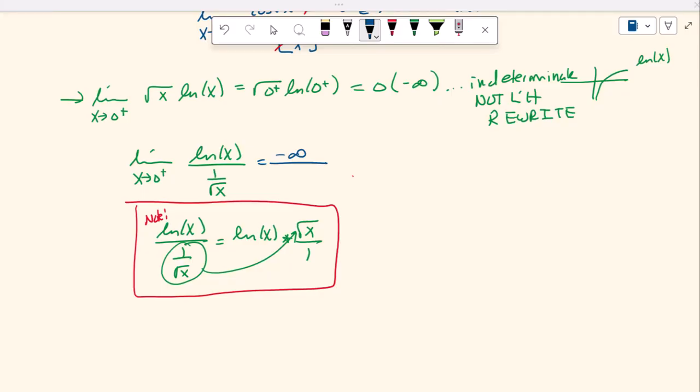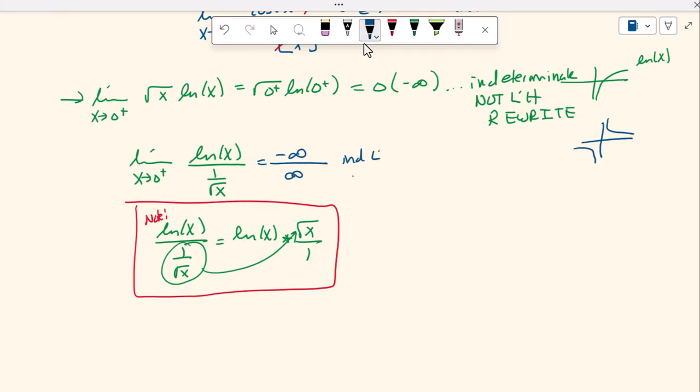If I plug 0 directly in, it's undefined, but I'm only approaching 0 from the right. Looking at the graph of 1 over the square root of x, as we approach 0 from the right, it's going off toward positive infinity. So this is also an indeterminate form of negative infinity over infinity. Knowing your basic parent graphs is really helpful here.